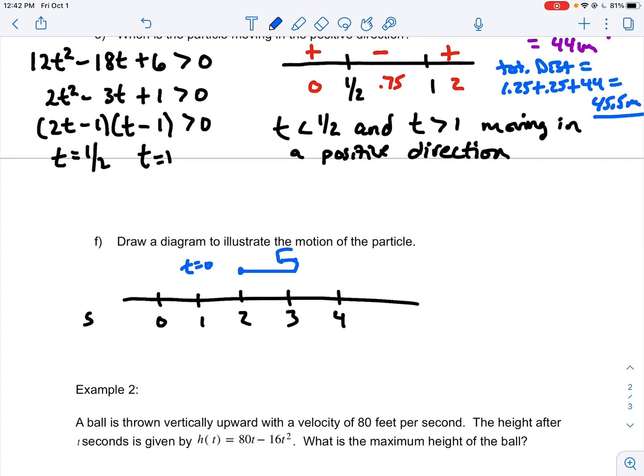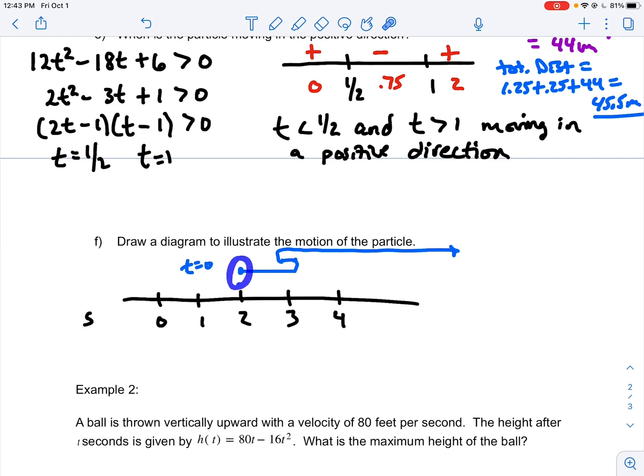And then we come back and we go all the way out here to the 45 and a half meters. So notice, this is kind of what we're doing. We're going forward, then we rest, backwards a little bit, rest again, and then forwards the rest of the way. So that's kind of what our particle looks like here.